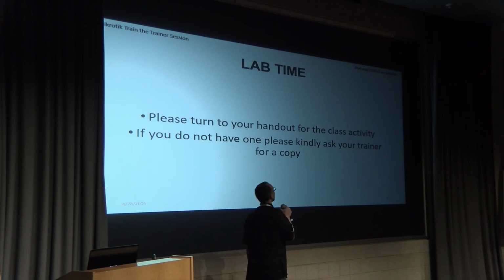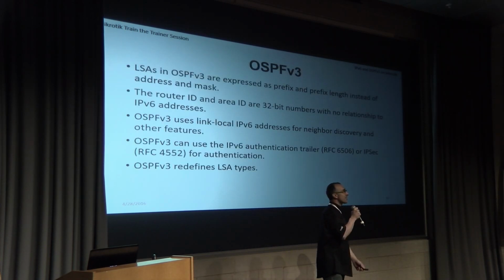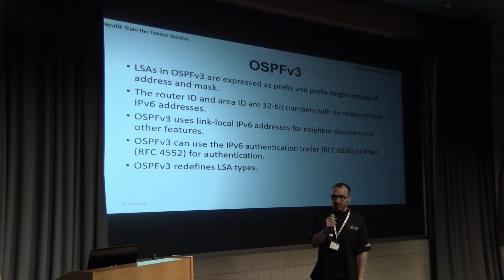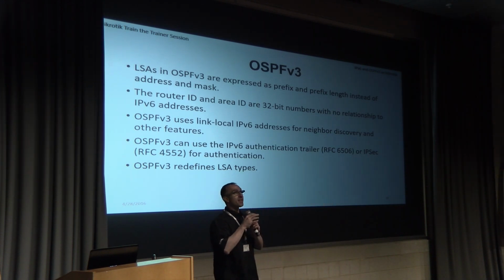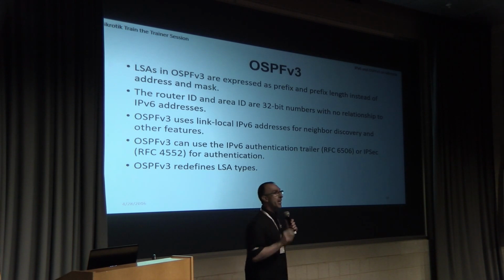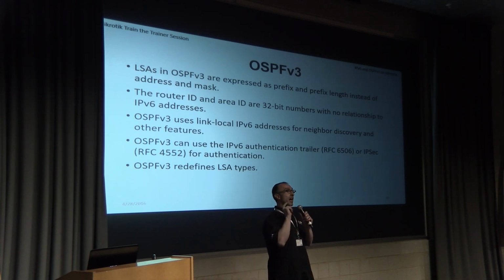So that would be about it for this presentation. This is mostly to open your minds to the need that we have to implement IPv6 on our networks. You can test it, you can try it. It's free.